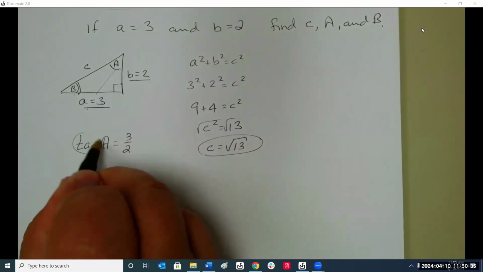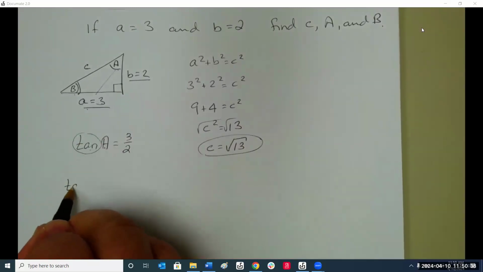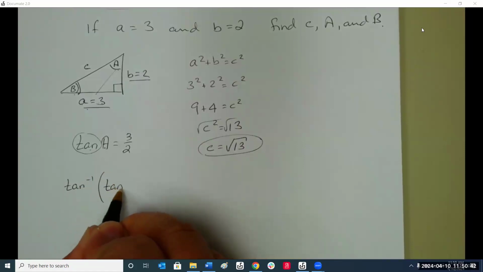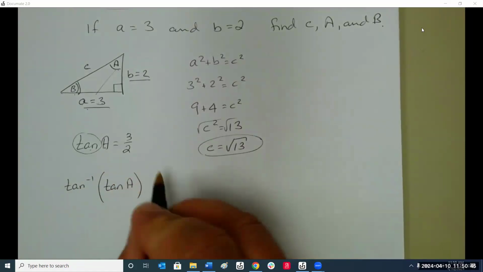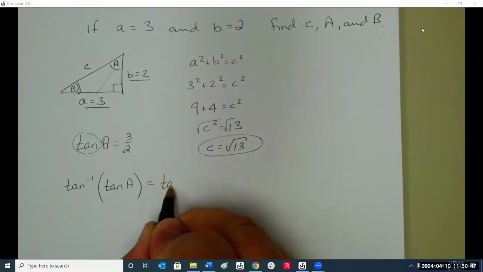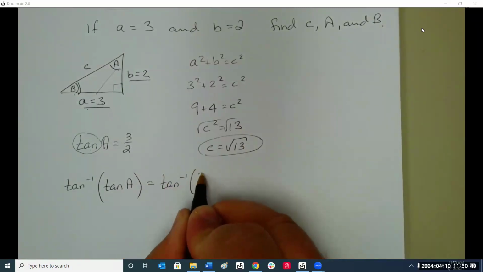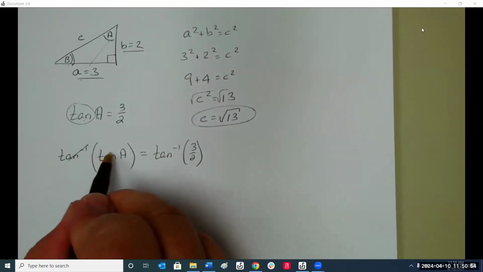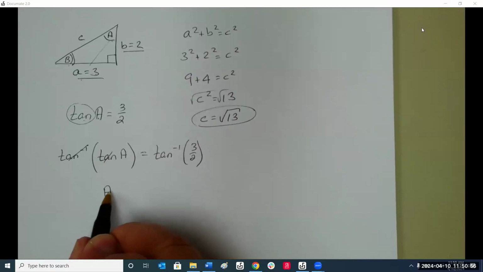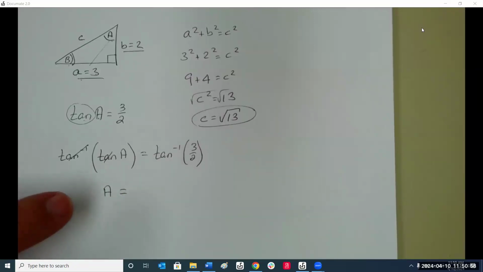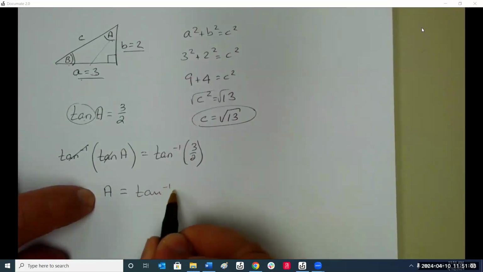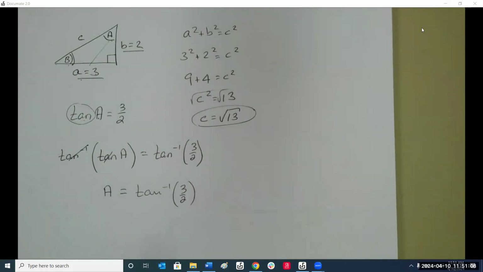We got to get rid of the tangent. That is where the inverse comes in. Inverse tangent times tangent is the angle. We're trying to find the angle that makes it, because 3/2 is not an angle.